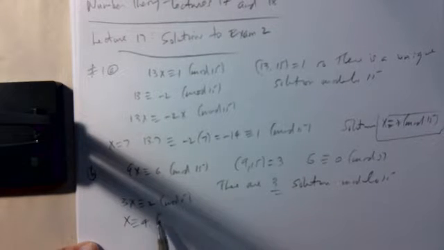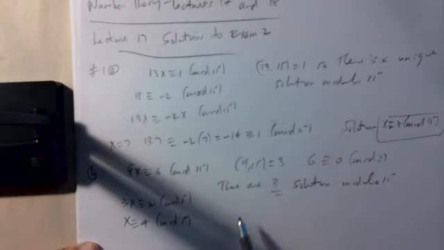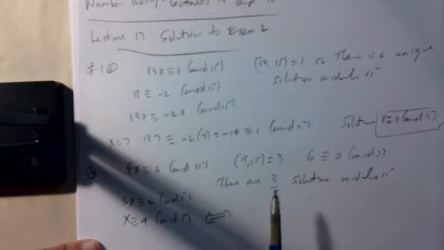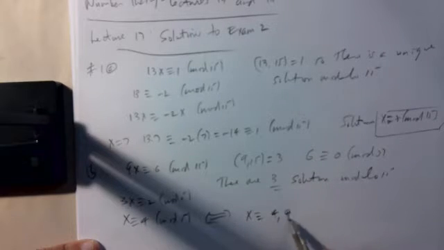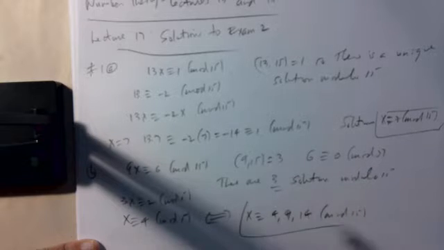So x is congruent to 4 mod 5, and we want the solutions mod 15. This is correct, but mod 15, the solutions are x congruent to 4, 9, or 14 mod 15.